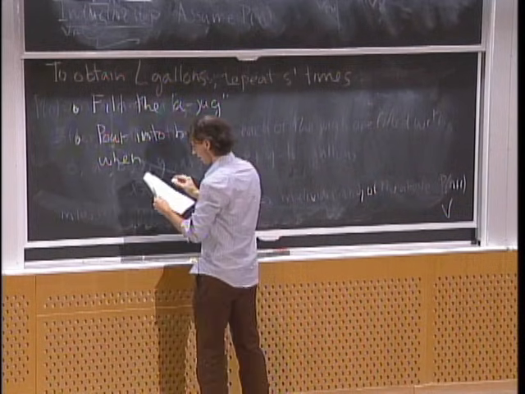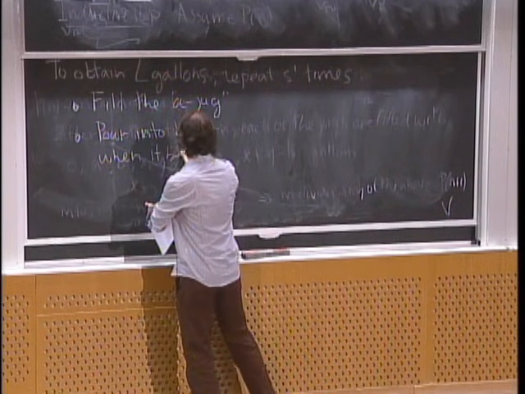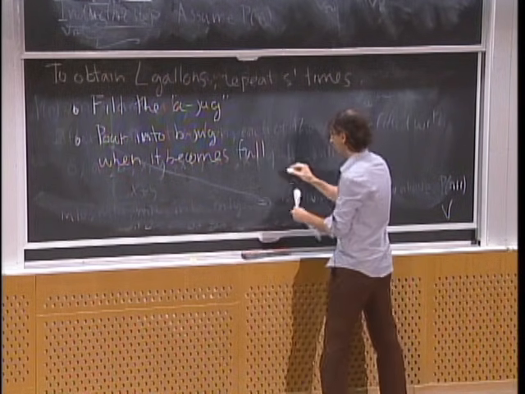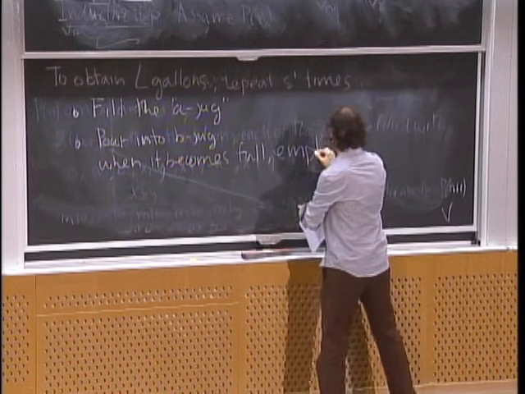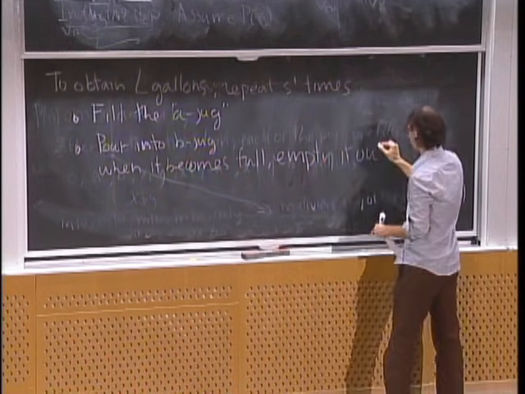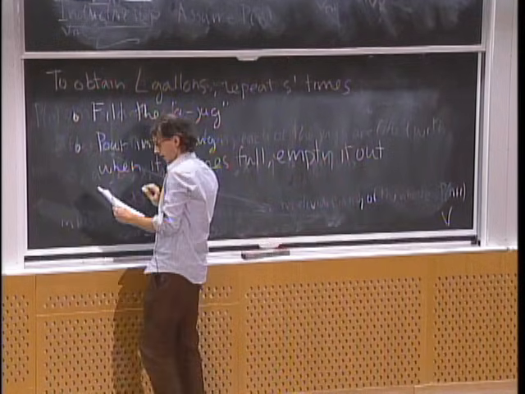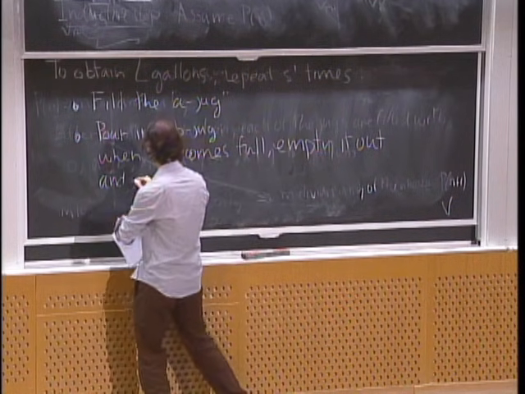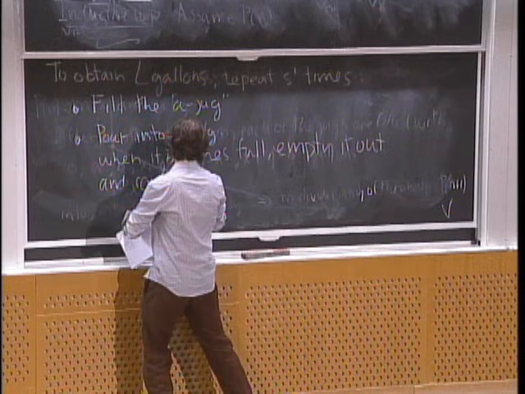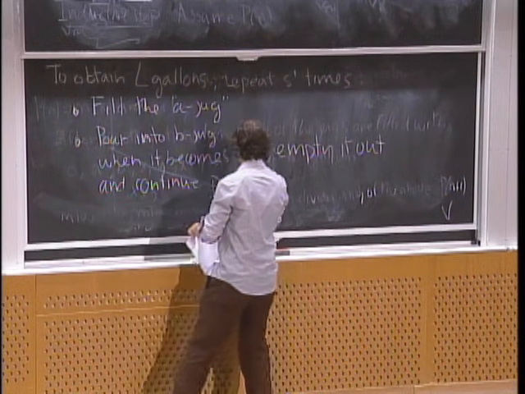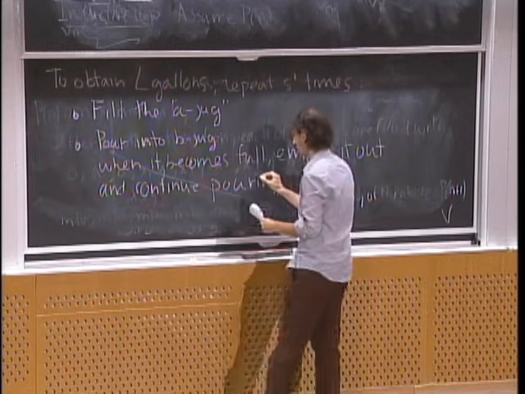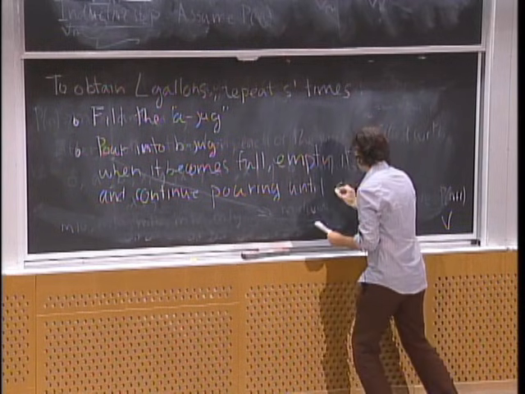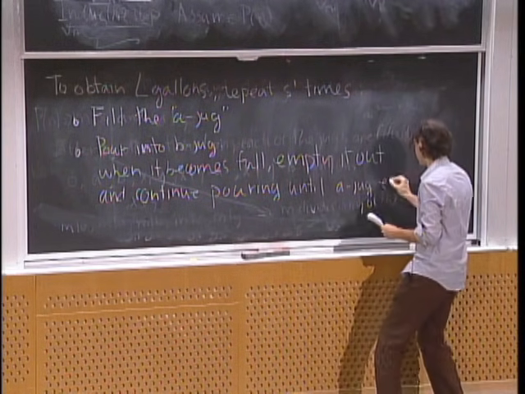When it becomes full, we will actually empty it out. And we will continue pouring the A jug into the B jug. So we'll continue this process until the A jug is actually empty.